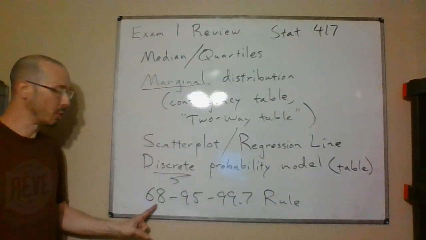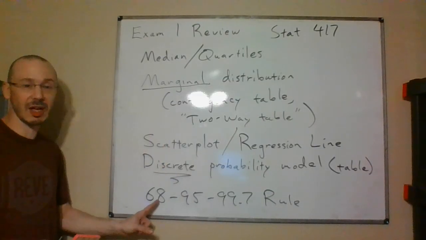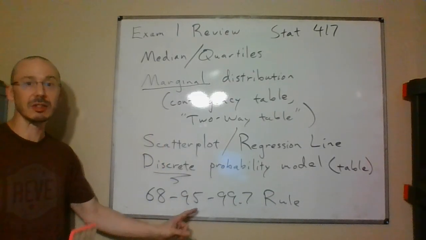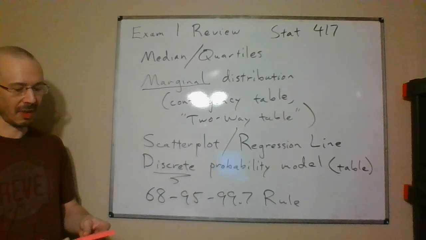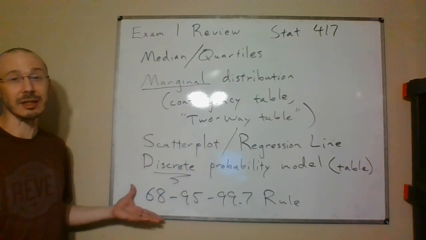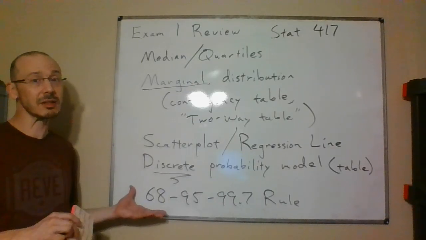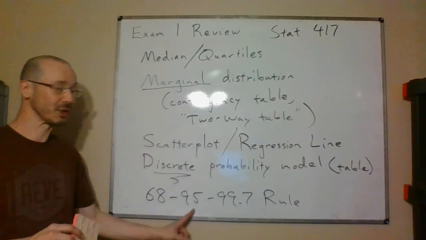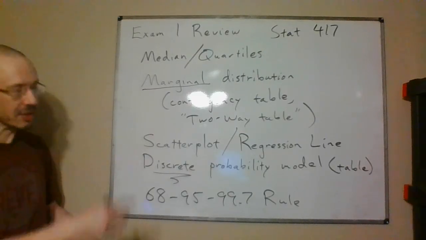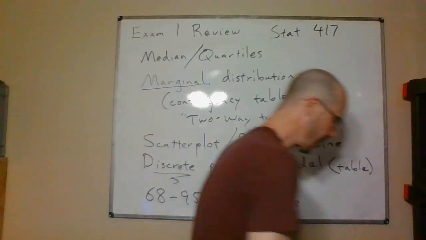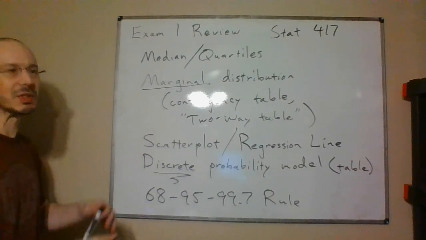This is one standard deviation to each side, two standard deviations to each side, and three standard deviations to each side. And you can actually use that to calculate not a lot of things, but if the probabilities you're looking at are these, it's very quick. Okay, so that's the overview of most of the exam.